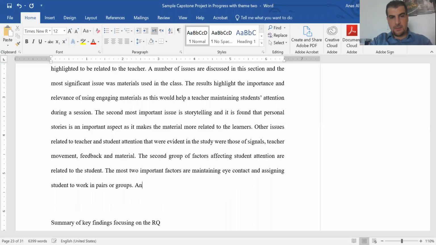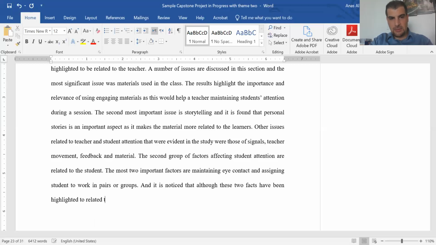And it is noticed that although these two factors have been highlighted to relate to the student, the data shows a very significant influence for the teacher.